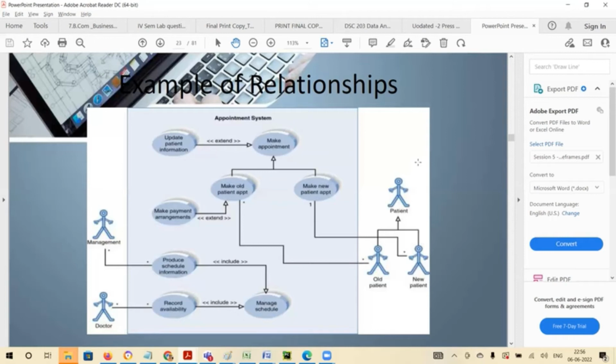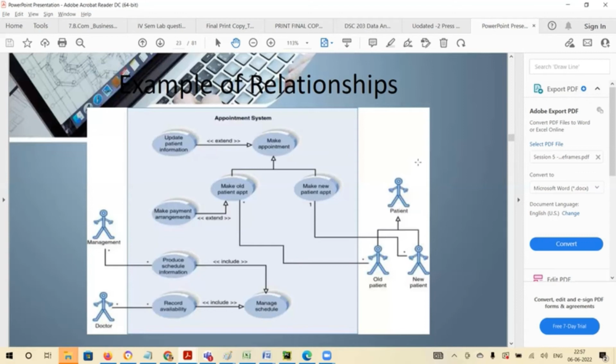It's the same thing that Meenakshi said. Feel free to repeat it. Yeah, this is again to schedule an appointment. When it is a new patient, what scenario takes place, and when it is an old patient, what takes place. For the new patient, it is make new patient appointment.